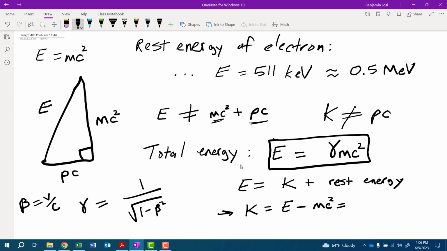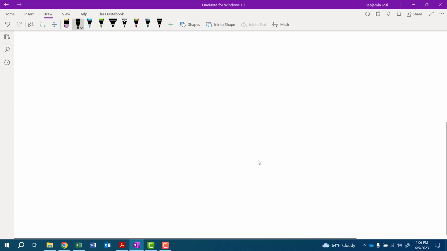But we've just postulated, I say postulate, but I've seen this formula derived, so to speak, using the results from special relativity, that total energy would be gamma mc squared.